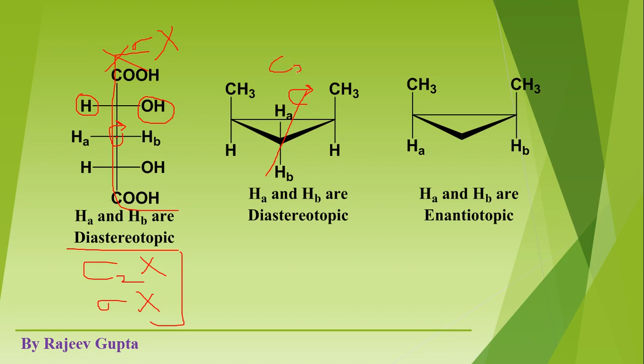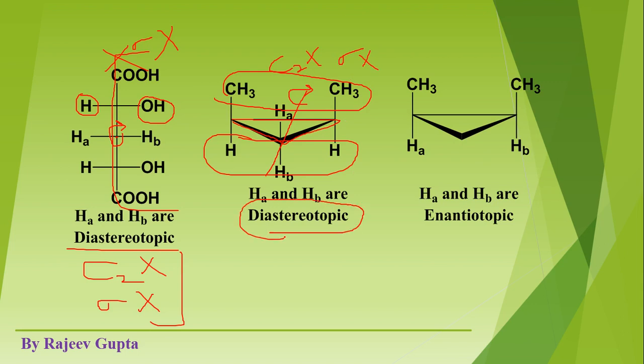So C2 does not exist. And which plane do we have to apply? This molecular plane. Suppose we apply this molecular plane, then Ha and Hb will form mirror images of each other, but on the top side we see methyl groups, while on the bottom side hydrogen atoms. So these could not be mirror images because both are different groups. So here a plane of symmetry is also not present. So these are diastereotopic. So we are using symmetry criteria to show the topic relation between two homotopic ligands.